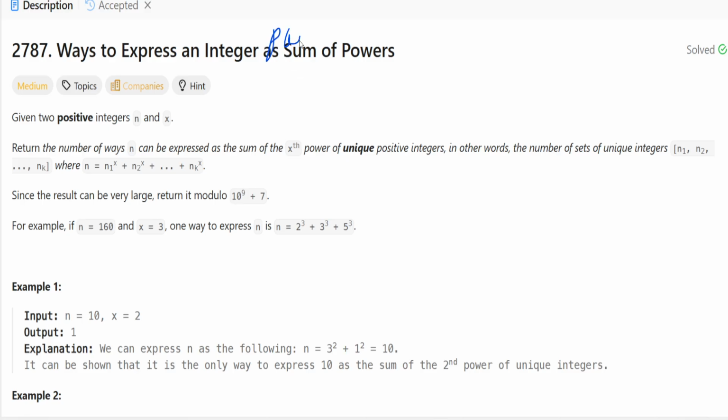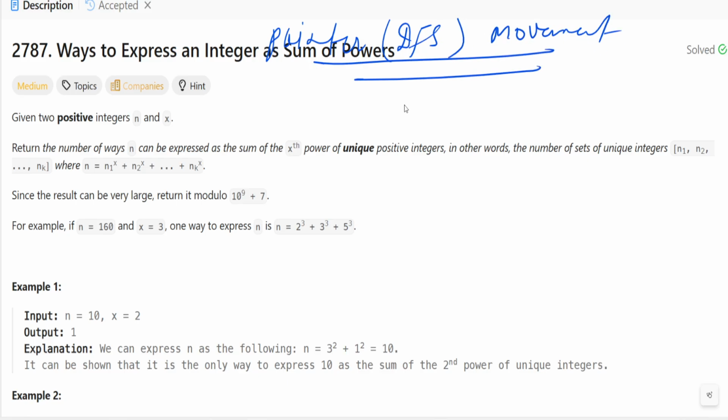Let's suppose we use pointers in the DFS movement, or we can say a recursion tree.